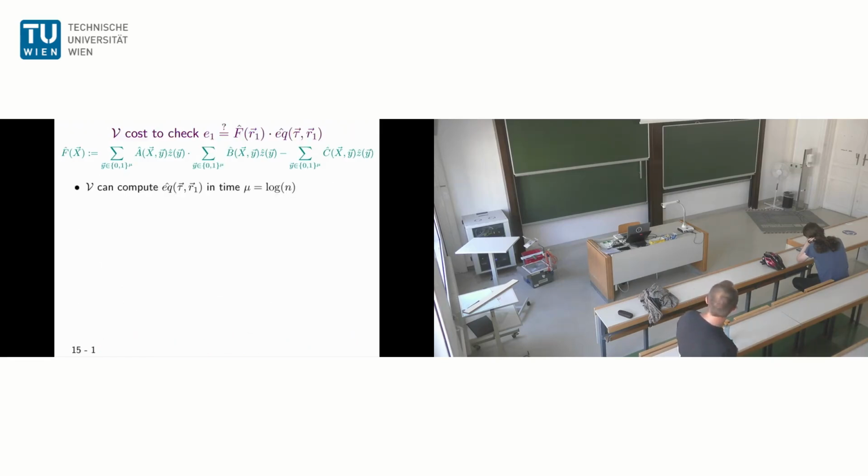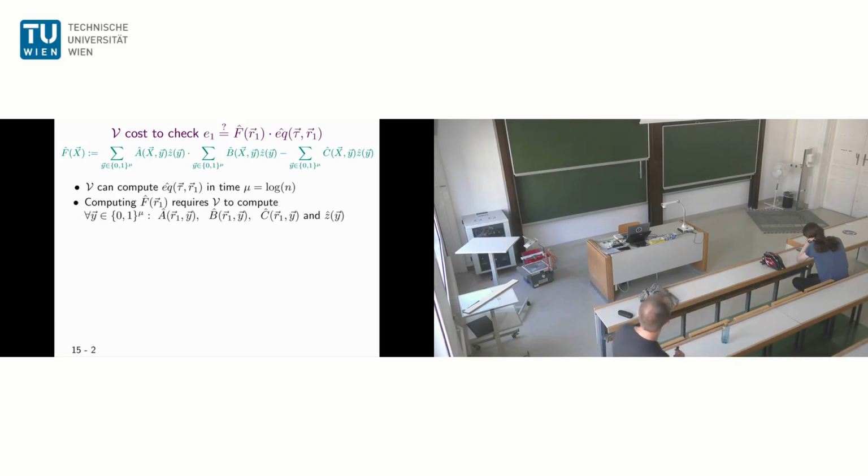So okay, this thing here, if you remember, this was just the product of the Lagrange polynomials. This is something the verifier can compute efficiently, so basically in time mu. If you don't believe me, just look at the slides again, then you're going to see. So this thing can be computed efficiently.